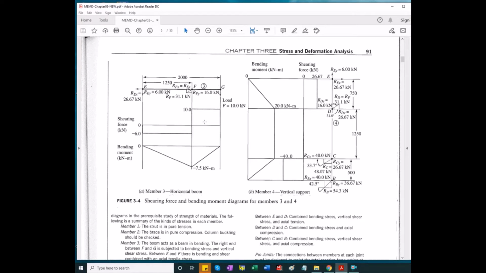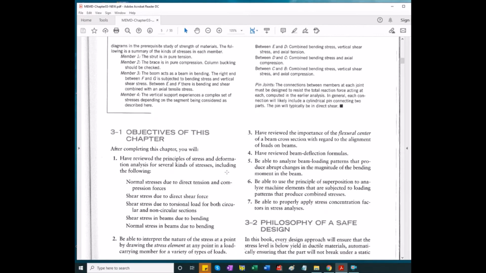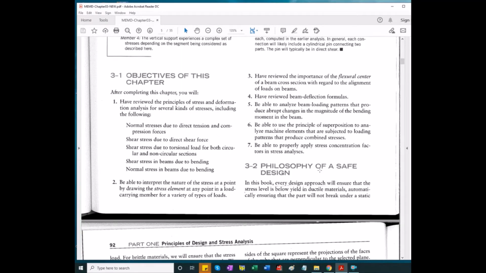You're looking for the maximum bending moment to calculate the stresses. So for this case, with negative bending, we have maximum tensile stress on top and maximum compressive stress below. Using the flexure formula and knowledge about the cross-section allows us to find the maximum stress.